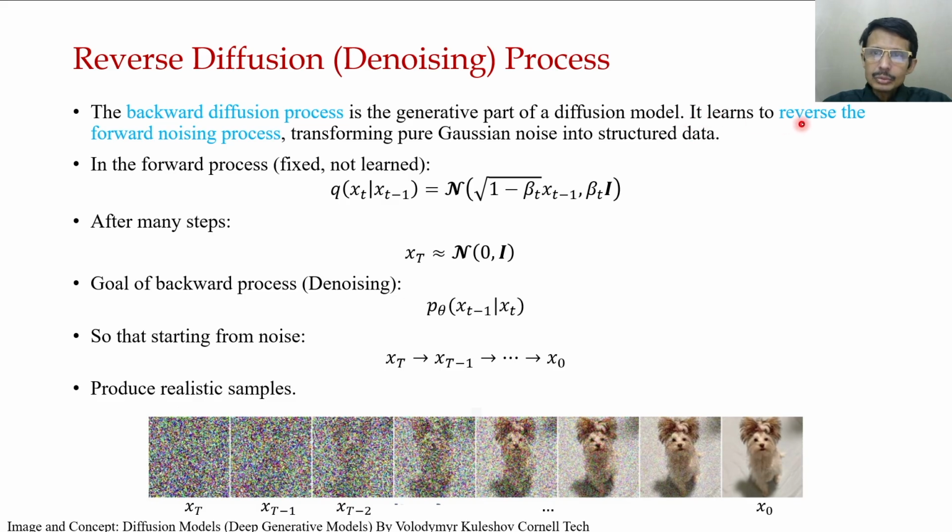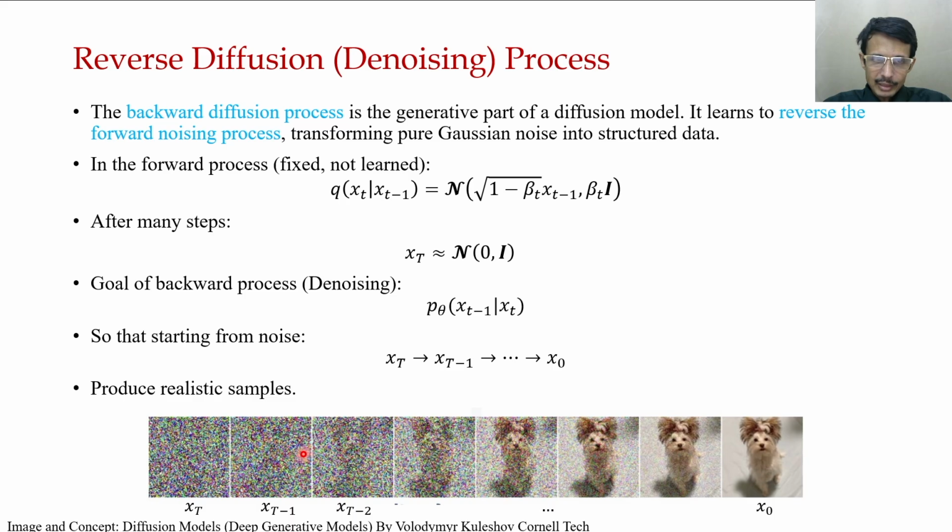It learns to reverse the forward noising process, transforming pure Gaussian noise into structured data. So you can see this from pure Gaussian noise to a structured image or structured data. Now the forward process is fixed, not learned. This is q of xt given xt minus 1.